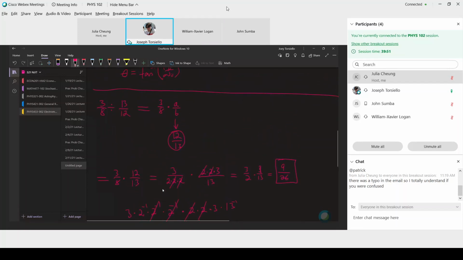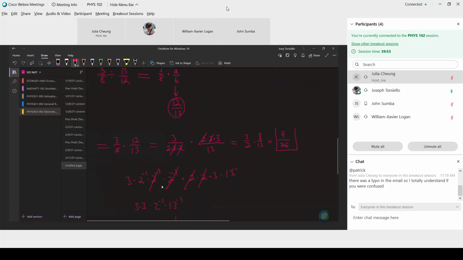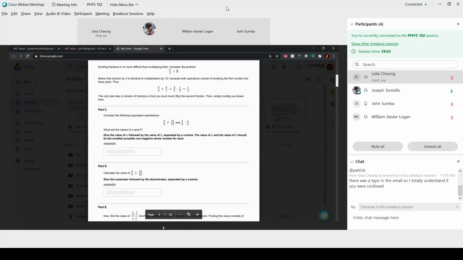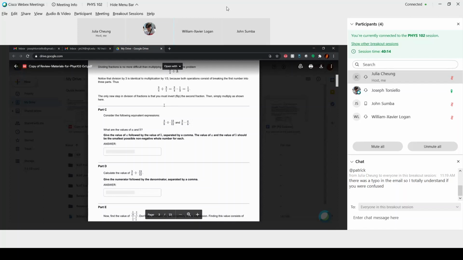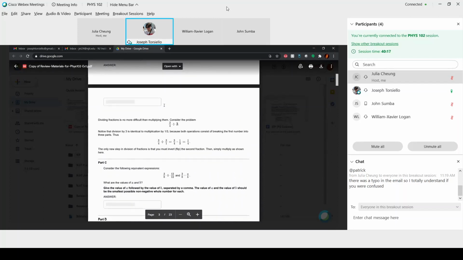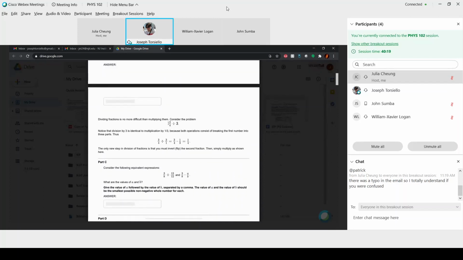So that was dividing fractions. Multiplying fractions: if you wanted to multiply 3/8 times 12 over 13, it's the same thing. You just multiply the numerators and the denominators, and you can simplify it. It's nothing really too different, so I won't go over an example with that. I already said that if you have something like this, you can treat it as 3 over 1.